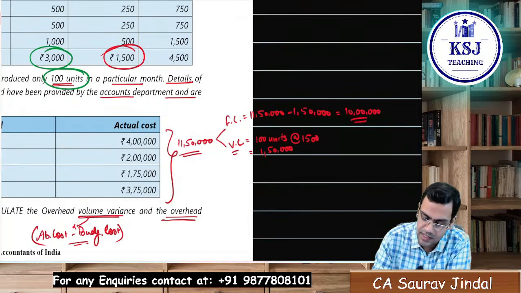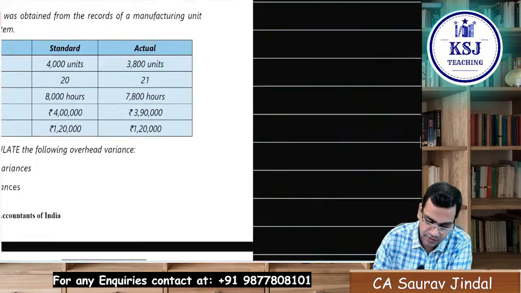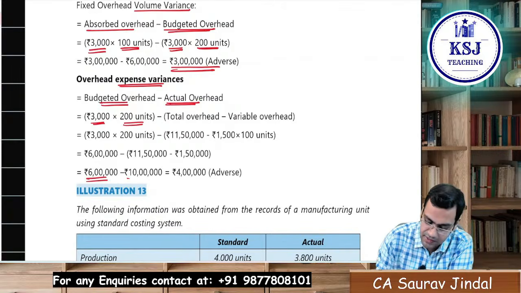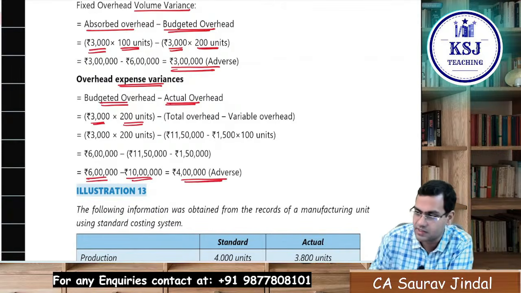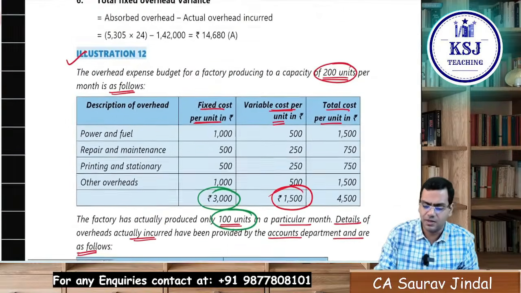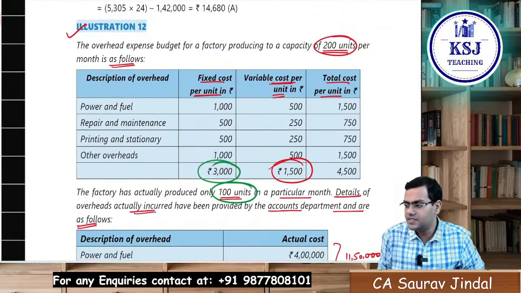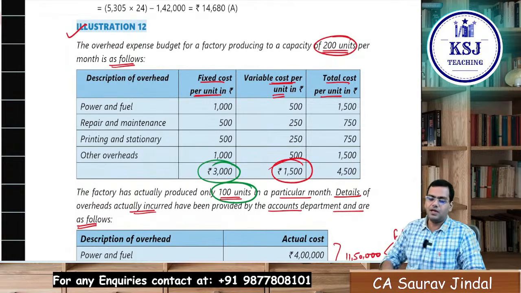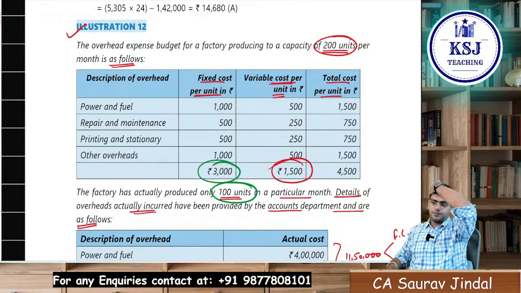That is the fixed cost here. See, 6 lakh minus 10 lakh, 4 lakh adverse. This is the expense variance. Now, this kind of question we cannot prepare a table. It is not practically possible to prepare the table in these kind of questions.